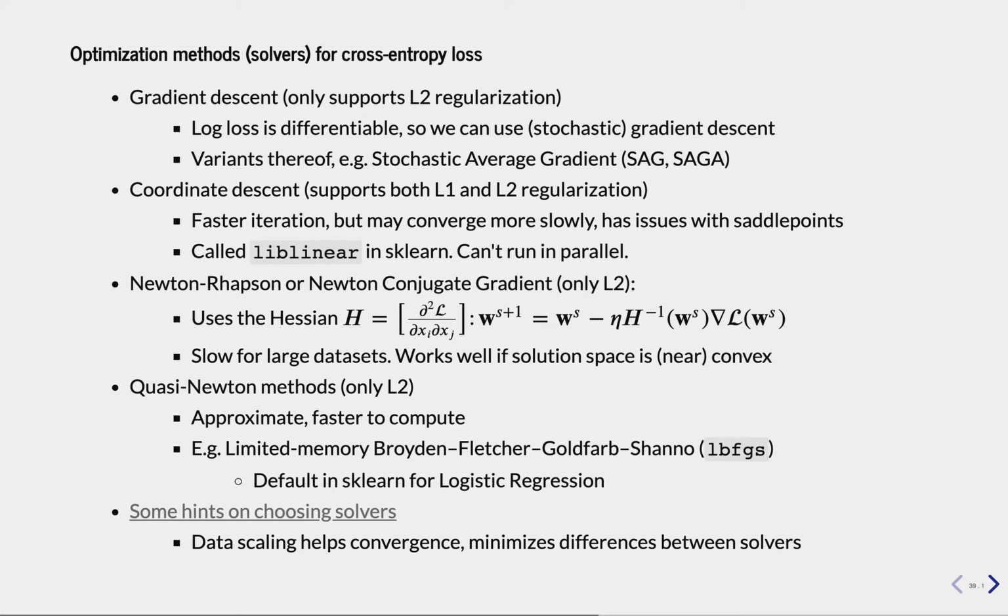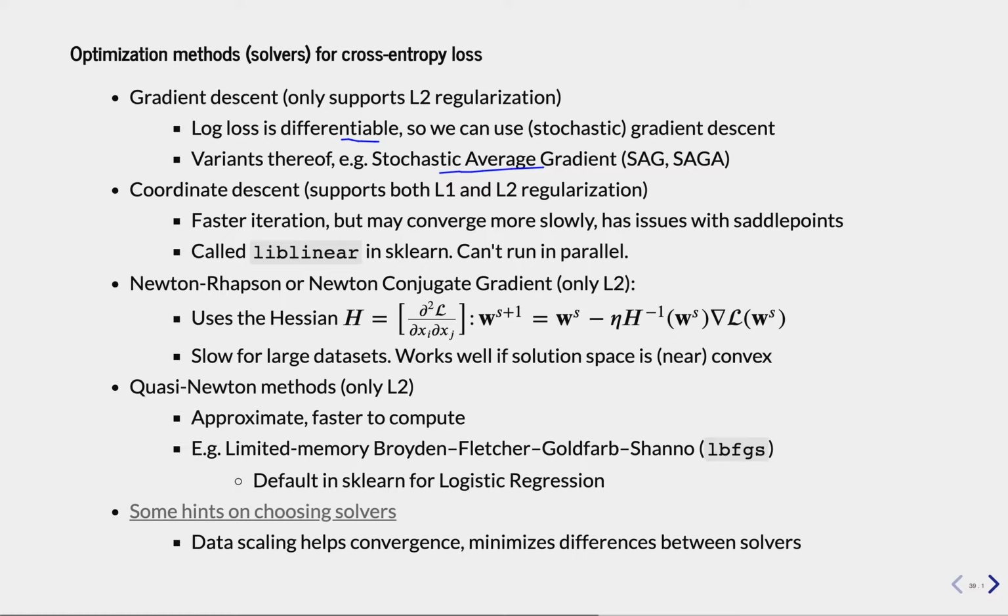Now there's a whole different suite of techniques or solvers to solve cross-entropy loss. First of all, we can just use gradient descent. This only works if the regularization is L2. Log loss is differentiable, so we can use stochastic gradient descent or any variant of that. And a popular choice for this is again stochastic average gradient.